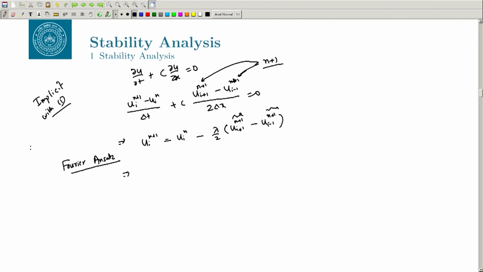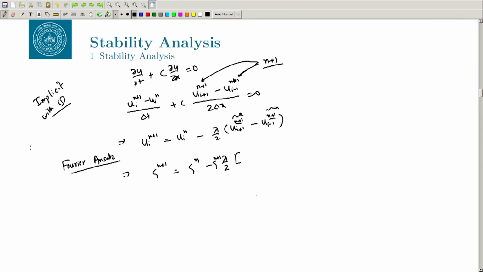This may become zeta to the power n plus 1, I am taking the e to the power I phi I outside. So, this will become zeta to the power n minus lambda by 2, and then zeta to the power n plus 1, right, because this is all at n plus 1.